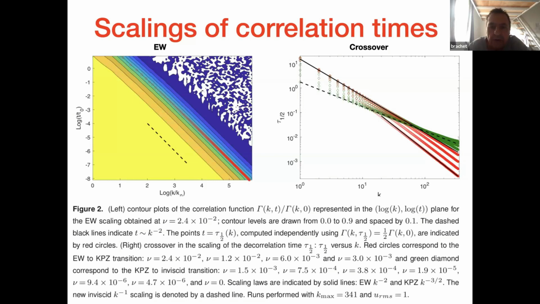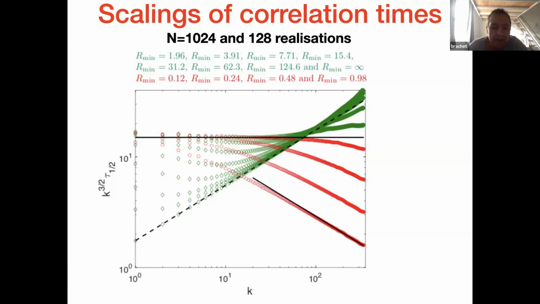So let us study this crossover better. To do that, we will compensate it by the KPZ results. This is the correlation time multiplied by k to the 3 halves. So it is flat for KPZ. For inviscid, it's going up like that. And for the trivial Edwards-Wilkinson thing, it's going down like that.